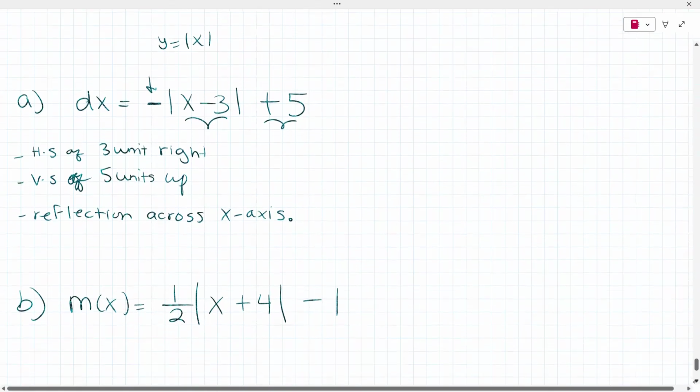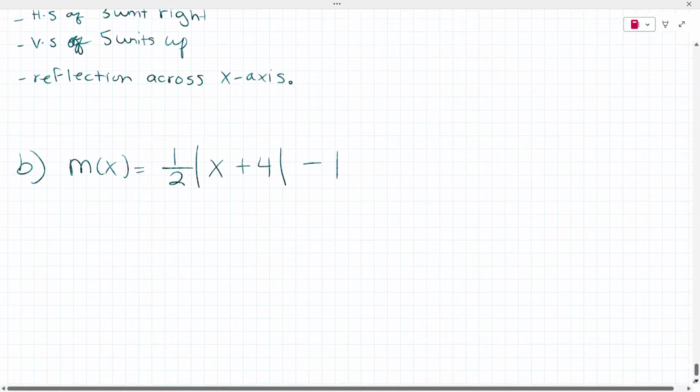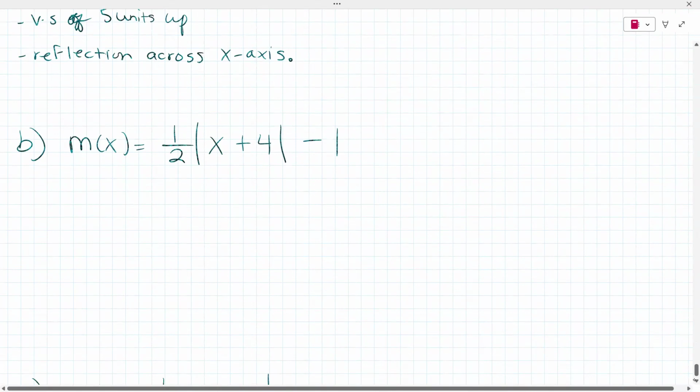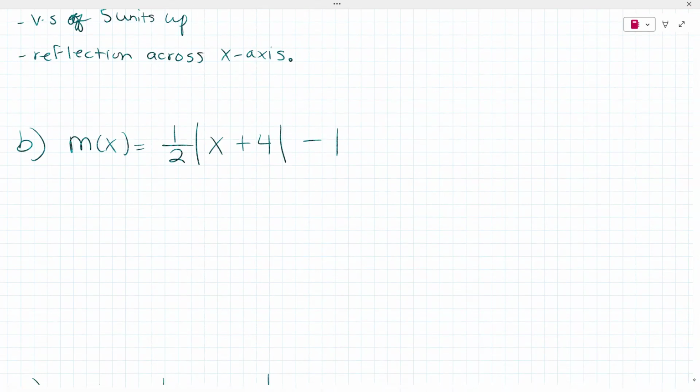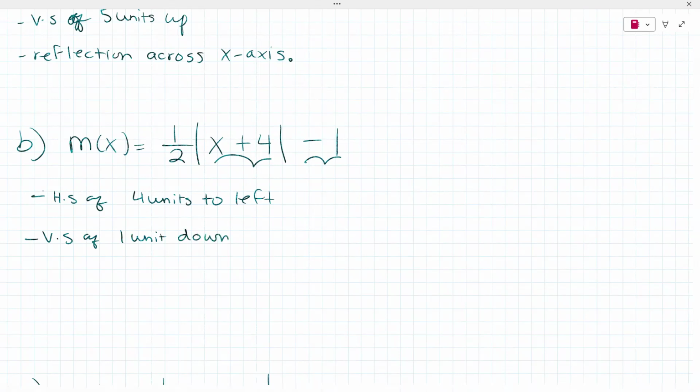Okay, and let's do this one, B. Well, there's three things that's happening. The x plus 4 means there is a horizontal shift of 4 units to the left. This minus 1 is a vertical shift of 1 unit down. What about this 1/2?